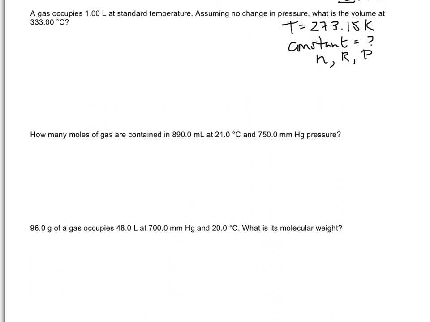Let me just start it from scratch. PV equals nRT. So I'm going to put the n, the R, and the P together. That's going to look like nR over P is equal to V over T.